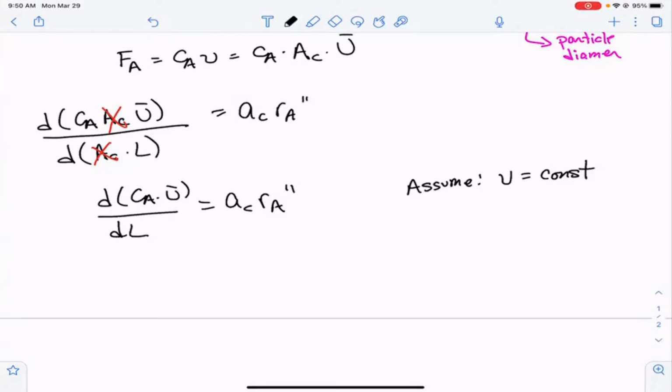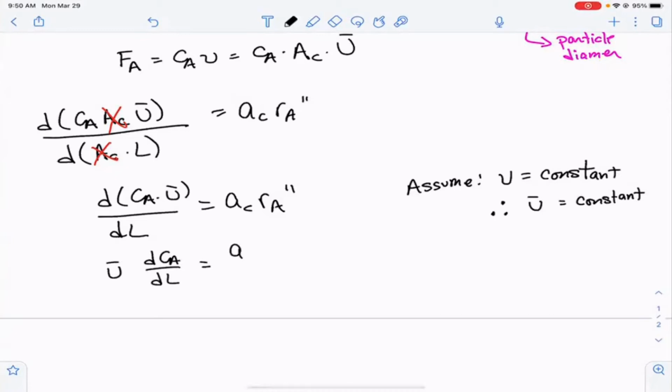And why is that important here? Well, if the volumetric flow rate's constant, and of course the cross-sectional area is constant, that also means that the linear velocity is constant as well. And that allows us to pull it out of the differential. And we end up getting just the velocity times dCA/dL is equal to AC times RA double prime, okay?